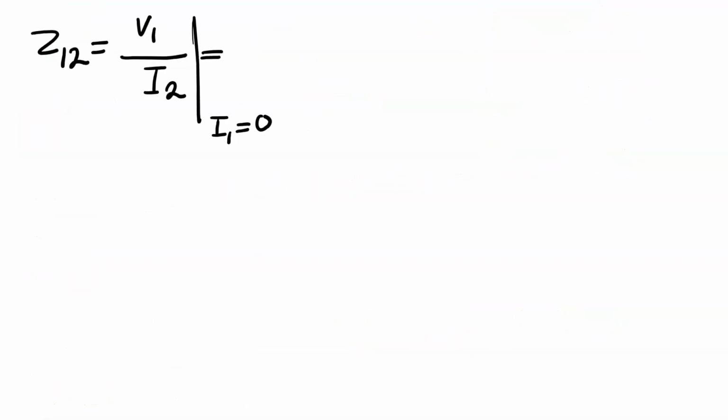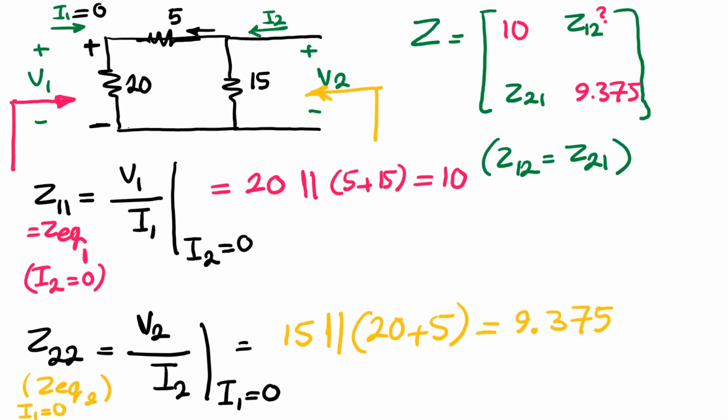So the current of the 20 ohm resistor is equal to a portion of I2, which is Z equivalent, divided by the impedance of the branch that I'm looking for its current, and that's 25.